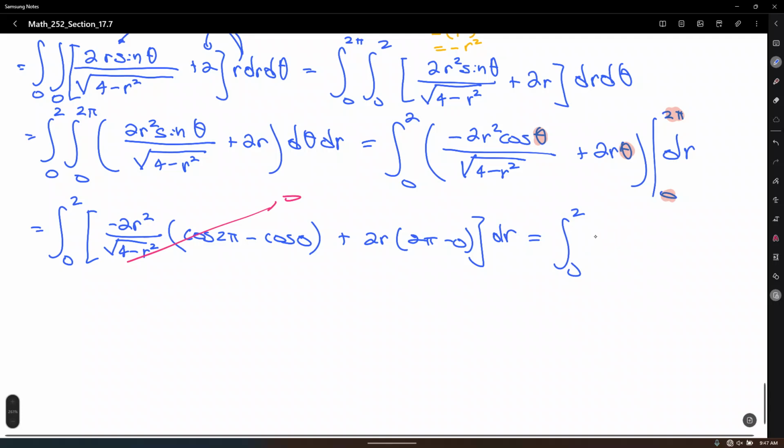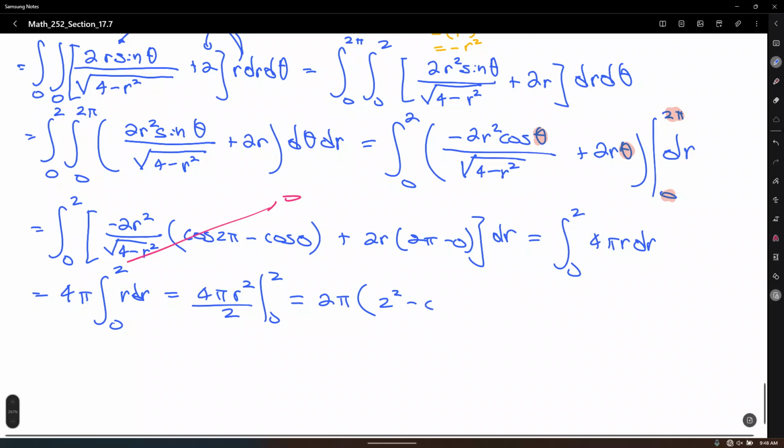Well, that's actually 4 pi r dr. Take out the 4 pi, integral from 0 to 2 of r dr. That equals 4 pi r squared over 2 from 0 to 2. That reduces to 2 pi times 2 squared minus 0 squared. 2 pi times 4 minus 0.